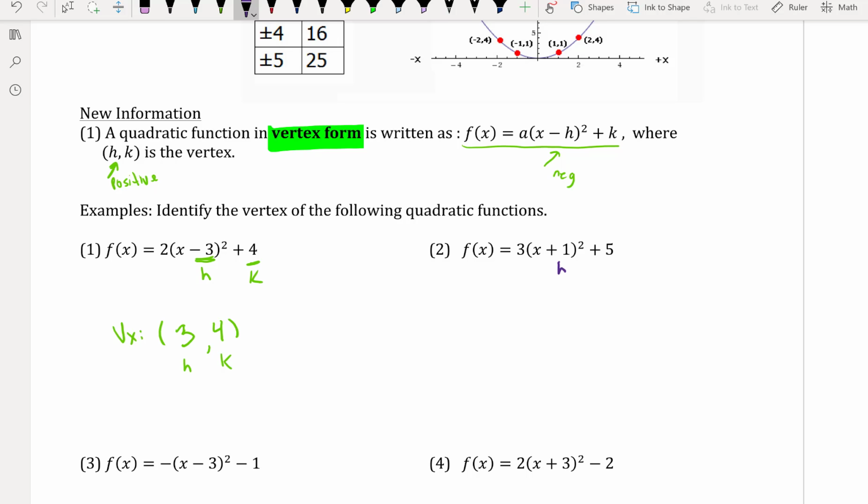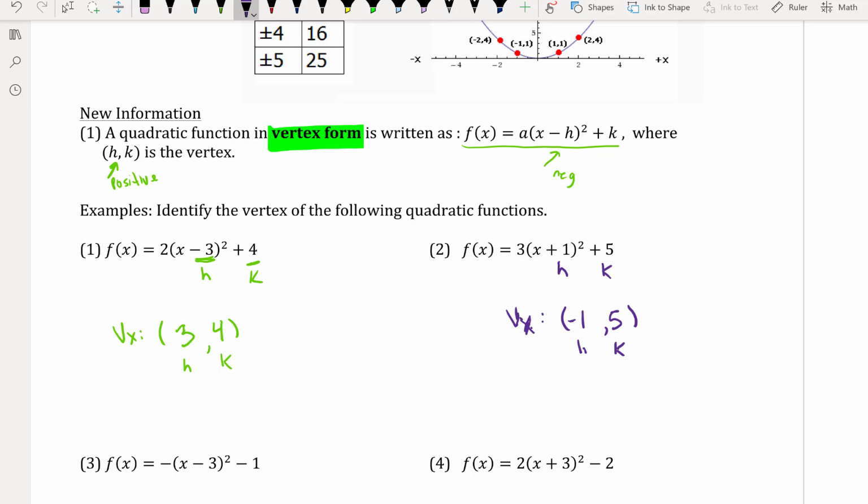I know according to my formula, this is h and this is k. So my vertex is going to be the ordered pair h and k. So is this going to be a +1 or a -1? Well, if it's the opposite sign, it should be a -1, and your k value goes in directly.